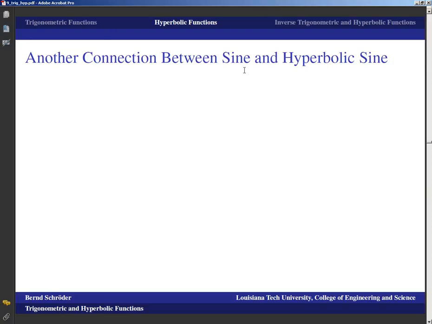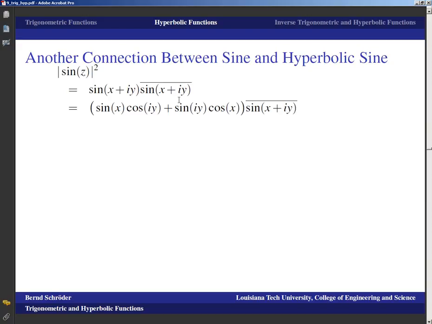Okay, another connection between sine and hyperbolic sine affects the absolute values, and that's going to be important as we're investigating the complex sine function, namely the absolute value of sine z quantity squared. What is that? Well, that's sine of x plus iy times the complex conjugate of sine of x plus iy.